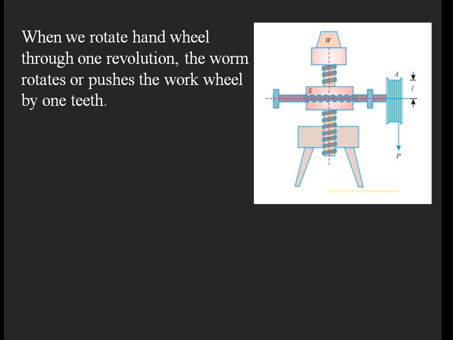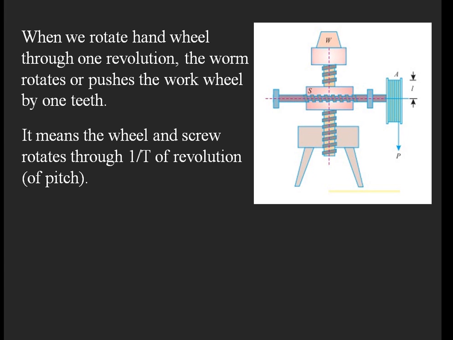Okay, so that means the wheel and screw rotate through 1 by T of a revolution. That means 1 by T of the pitch of the screw, as well as the pitch of the worm. Not the screw, the pitch of the nut in which the main screw is moving up and down.